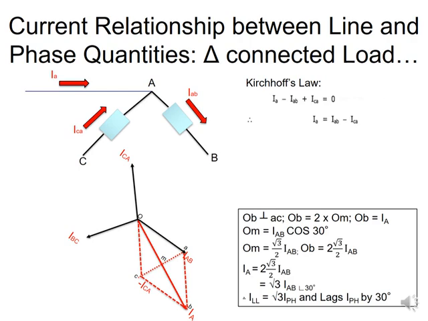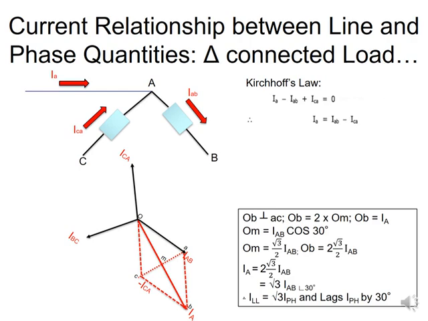The angle of 30 is clearly shown here that it's behind my IAB, so it lags my phase current. So my line to line current, which is my IA in this case, is going to be the same as square root of 3 I phase, and it will lag my I phase by 30 degrees.